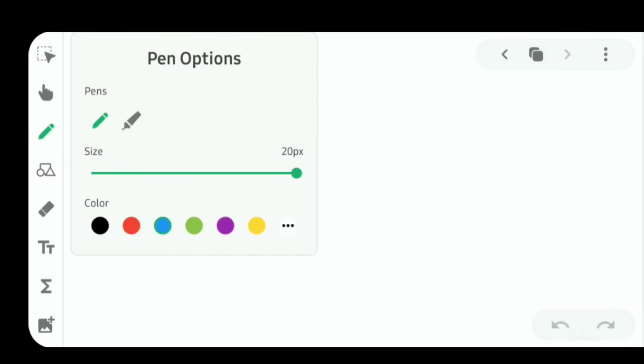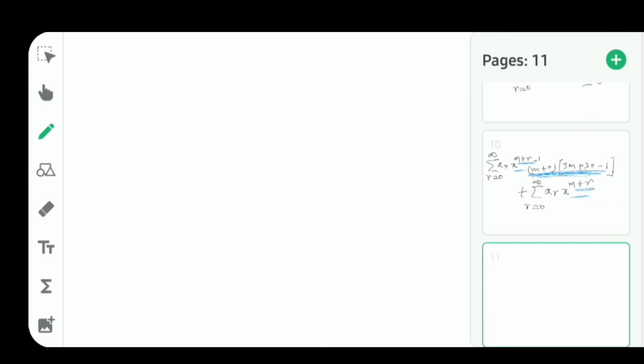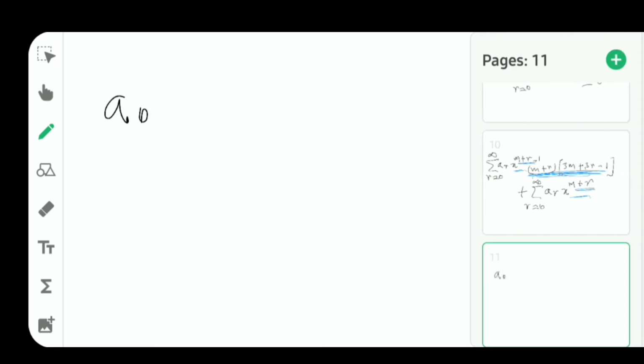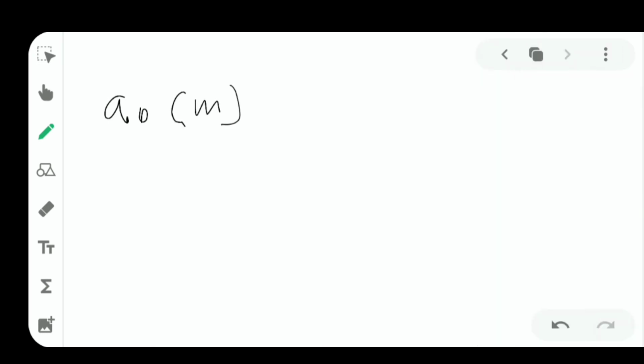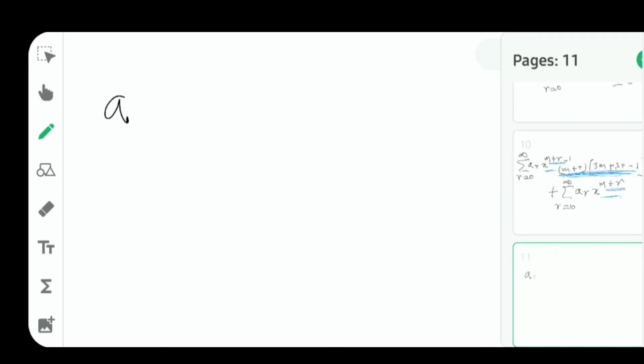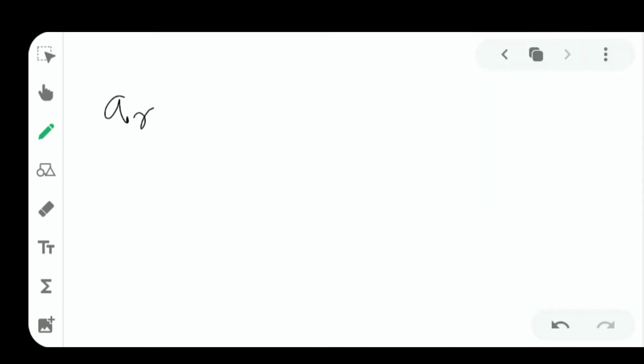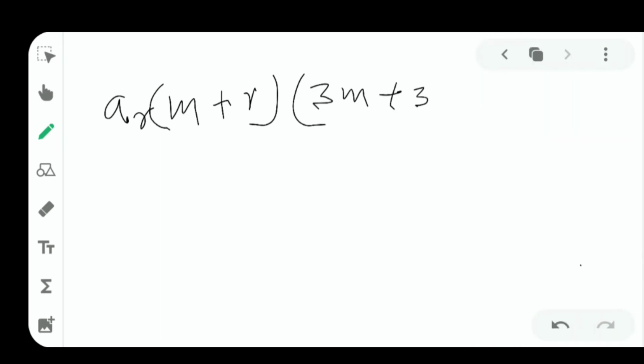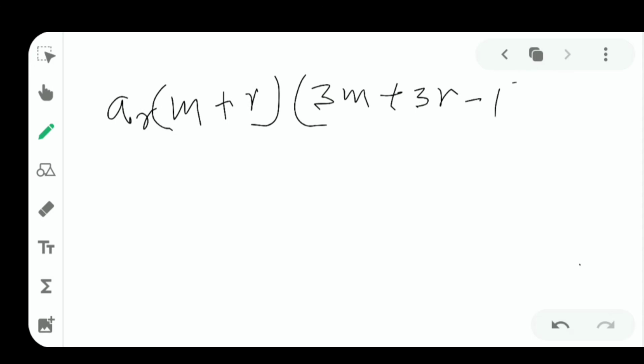So a0, put r equals to 0, will be m. If I first of all consider this equation, the coefficient of the lowest degree term will be a0 times m plus r, times 3m plus 3r minus 1, which will be equals to 0.